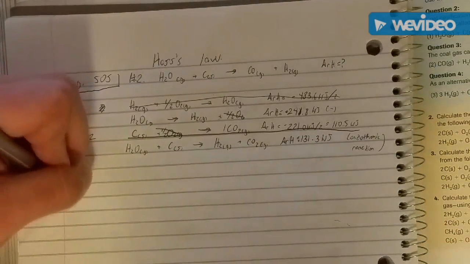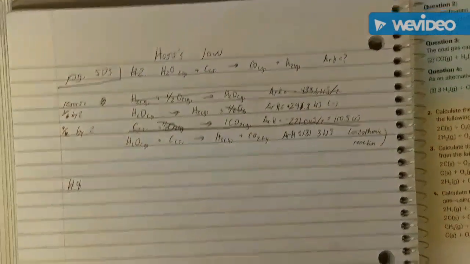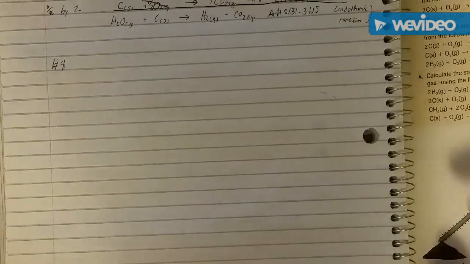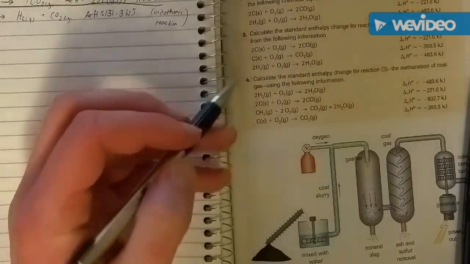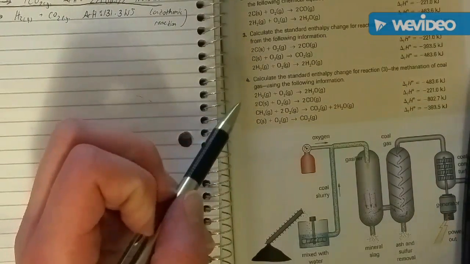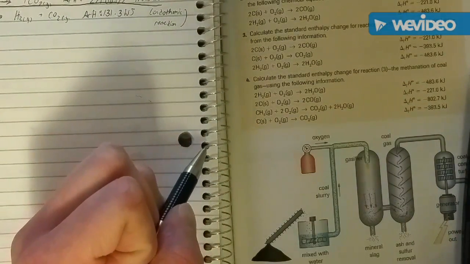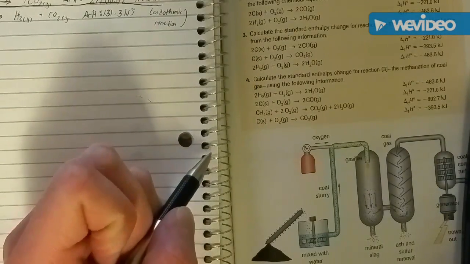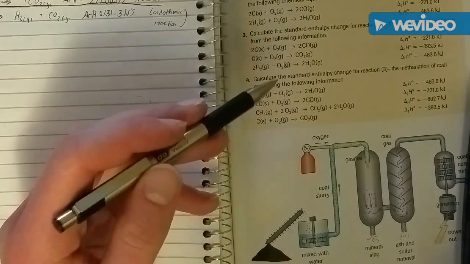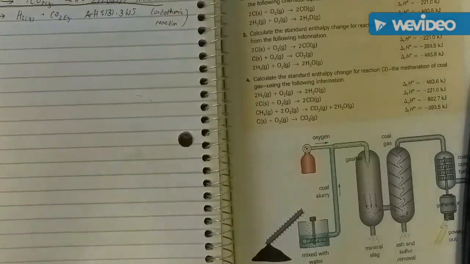If we look at number 4, I'll do this one less choppy. It says, calculate the standard enthalpy change for reaction 3, the methanation of coal gas, using the following information.